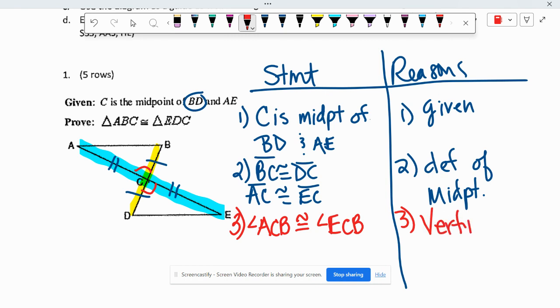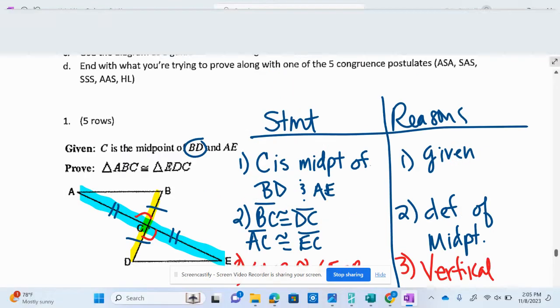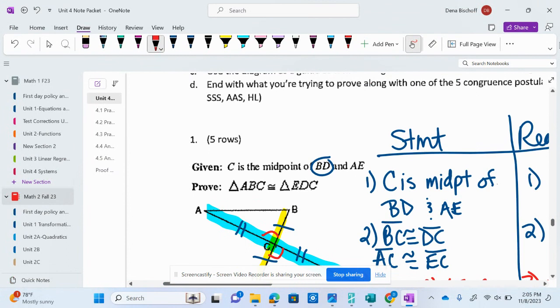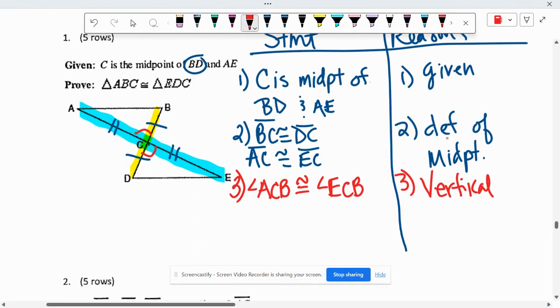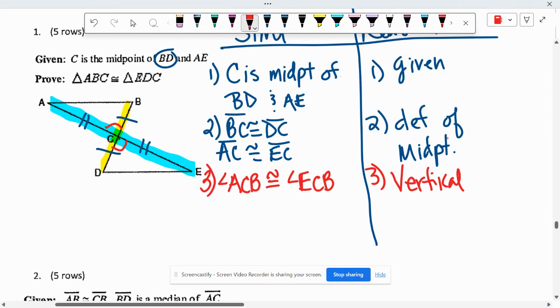Yeah, because they're vertical angles. And every time we use vertical angles, what did I say to you? Because vertical angles are always what? They're always congruent. It doesn't matter what the setting is, vertical angles are congruent. So just write that. Vertical angles are congruent. We know that. It's just a law of math, okay?